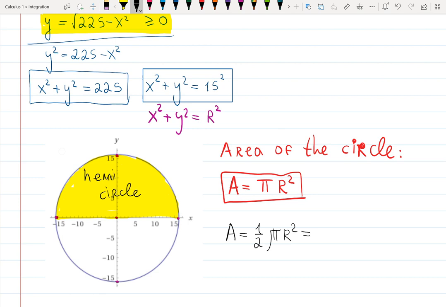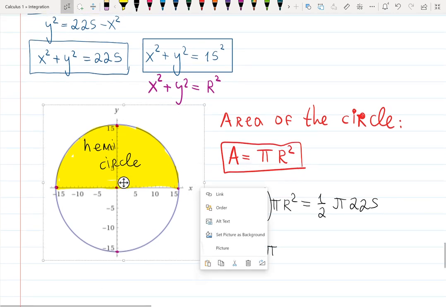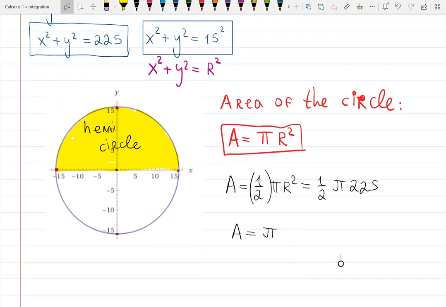So we're dividing pi r squared by 2. That's going to be 1/2 pi. R is 15, so r squared is 225. Or the nice way to answer the question is area or the integral. Remember, we're talking about an integral here.